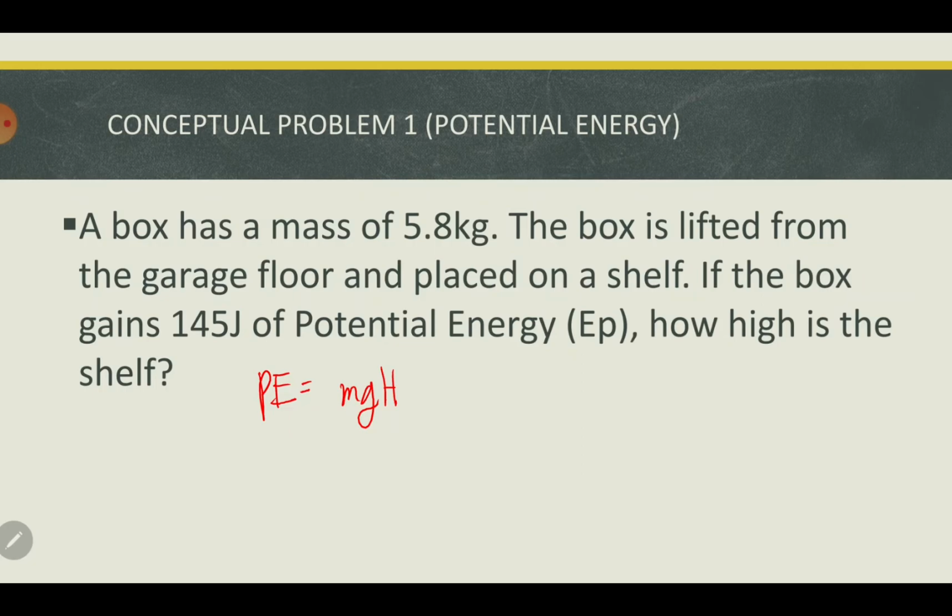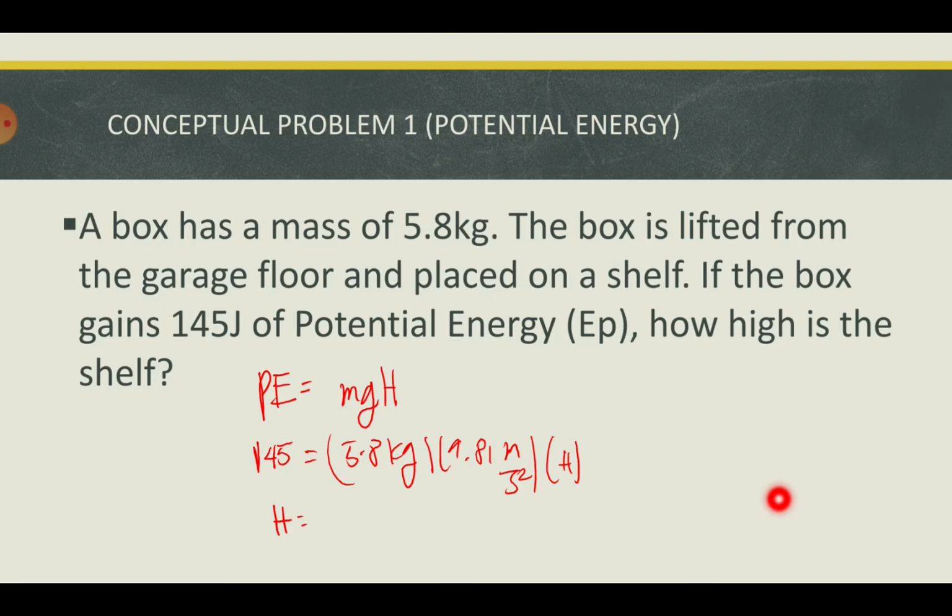So we have our potential energy as 145, which is equal to mass 5.8 kilograms multiplied by 9.81 meters per second squared multiplied by its height, which is unknown. So our height is equal to 2.55 meters.